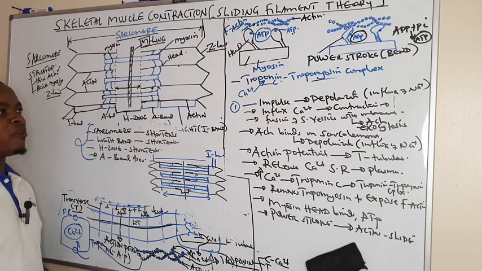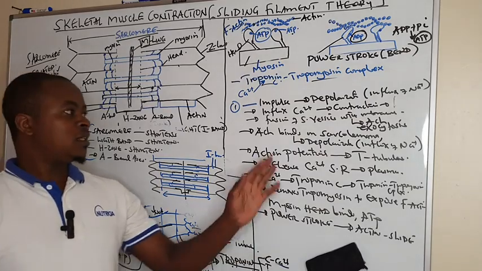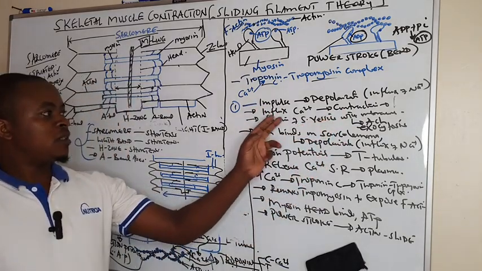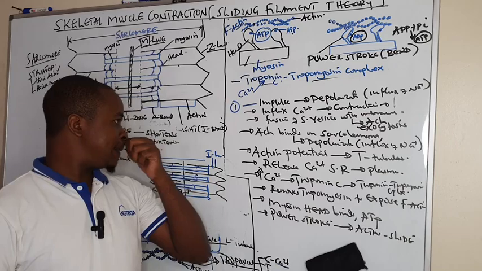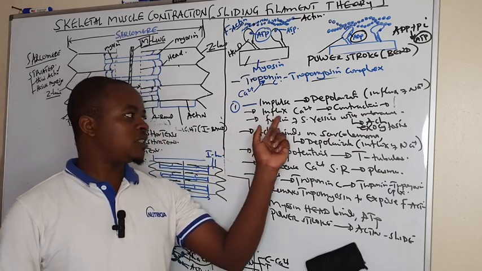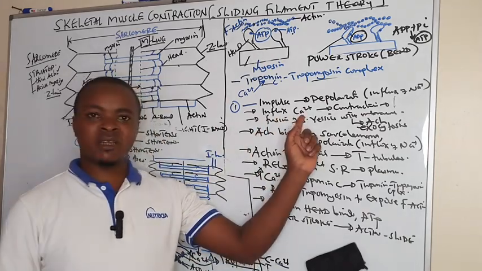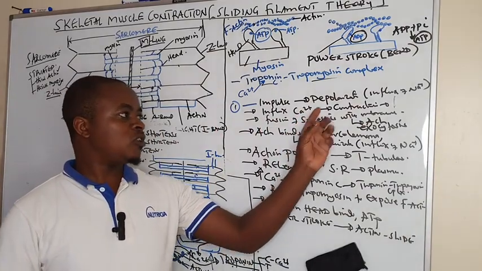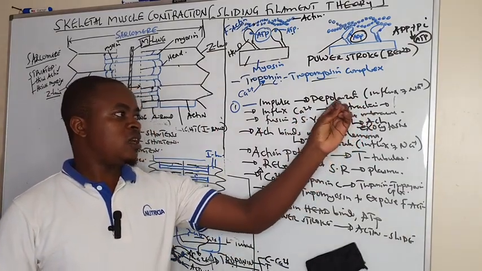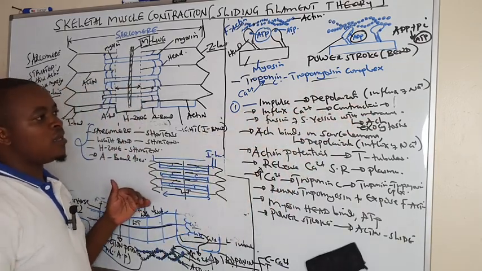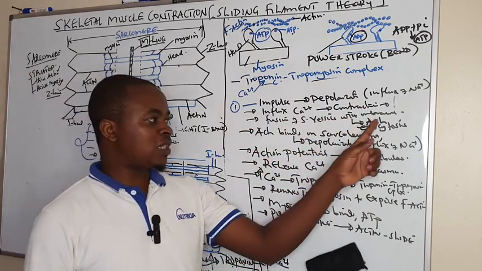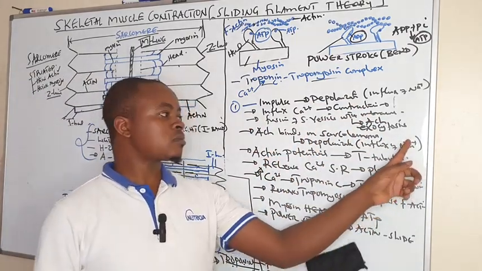So in summary, we have seen that arrival of an impulse causes the neuron to become depolarized, and depolarization causes opening of the voltage-gated calcium channels, causing calcium influx inside the neuron. Hence, the vesicle comes and fuses with the membrane, leading to the release of neurotransmitter by exocytosis.